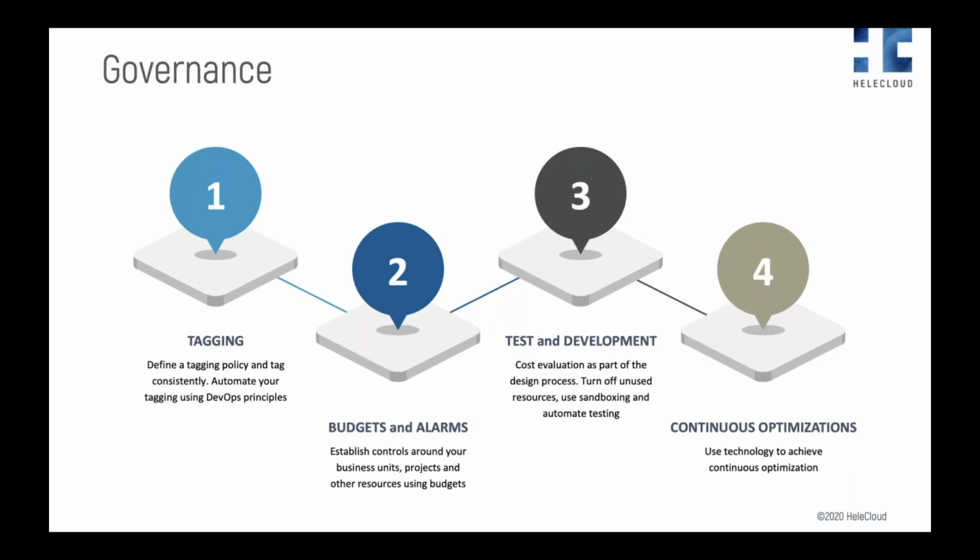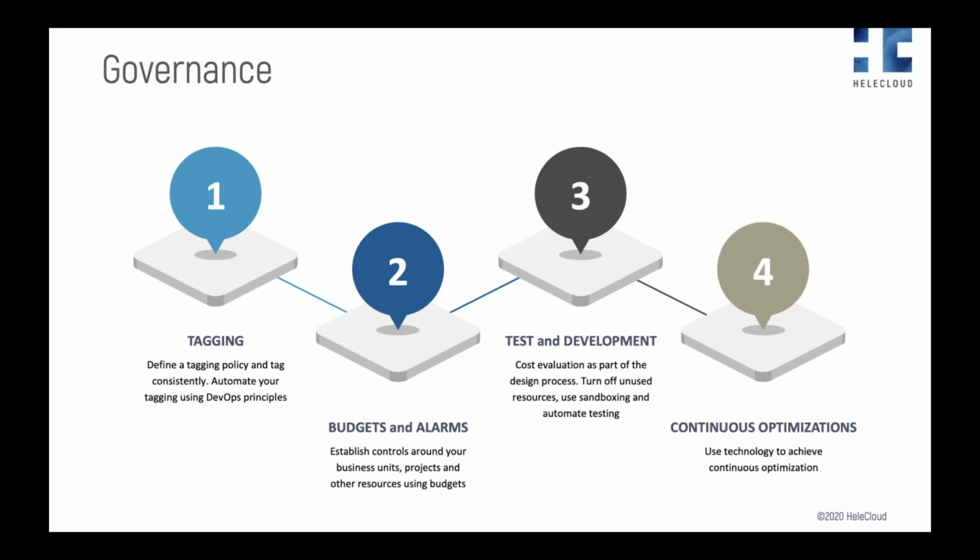Another good governance practice is to establish budgets in cost control, and AWS lets you create budgets right inside your account. What a budget does is it compares your targeted spend against your actual spend, and then you can create alerts based on those budgets to notify you when you're exceeding your actual spend or your forecasted budget.